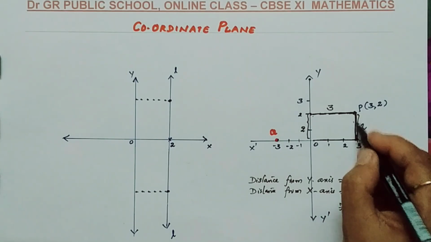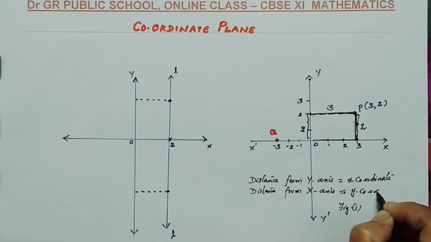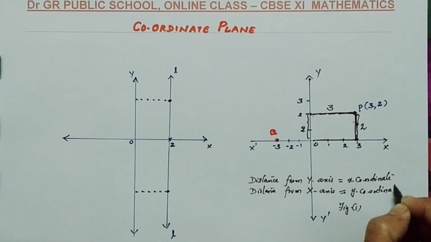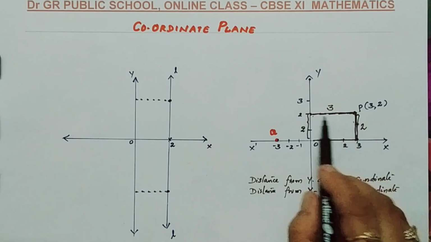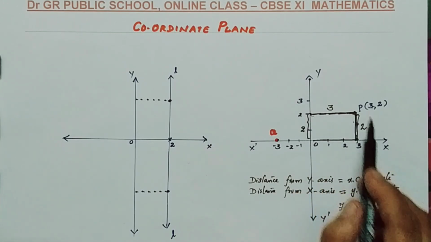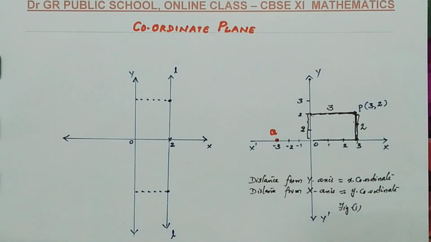Am I right? The distance from the x-axis is 2, which means that it is the y coordinate. So this is the first and basic point you need to remember in coordinate geometry when locating a point. For any point P, the distance of the point from the y-axis is its x coordinate and the distance of the point from the x-axis is its y coordinate.